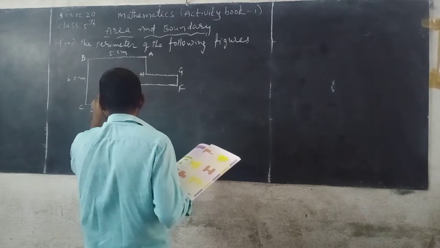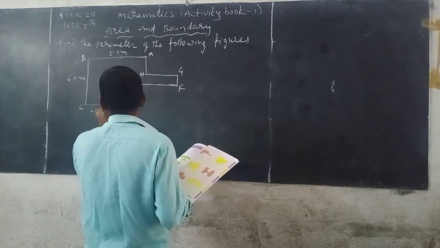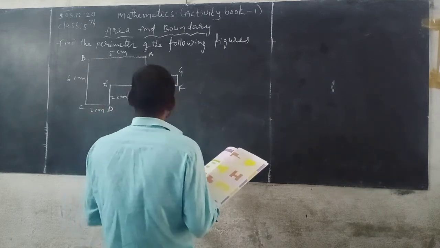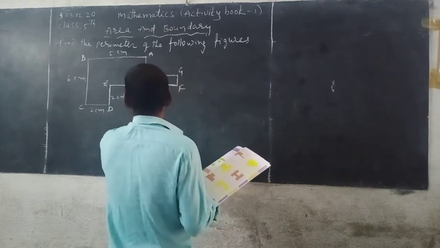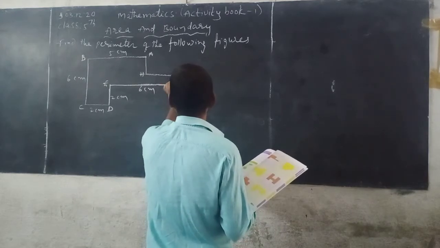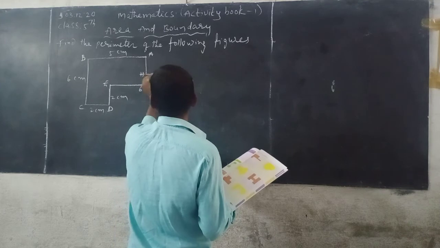This is 2 centimeter. Side DE. So this is 6 centimeter. Side EF. This is 1 centimeter. FG. This is 3 centimeter. GH.